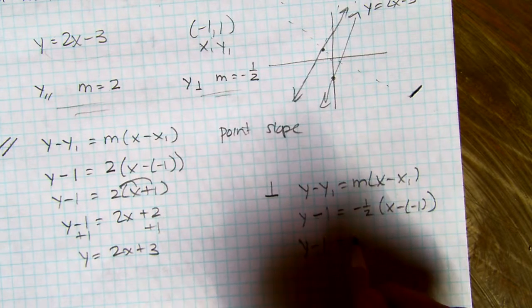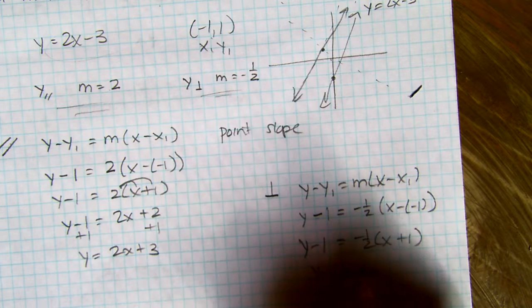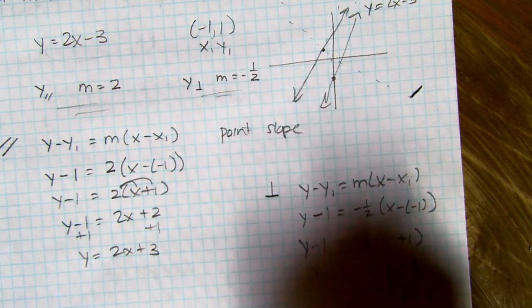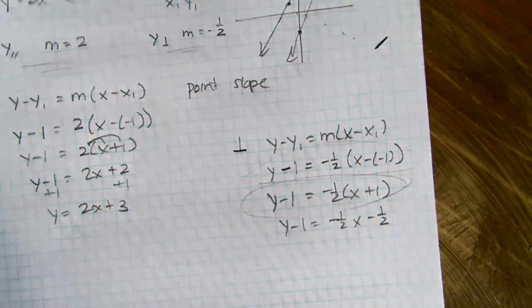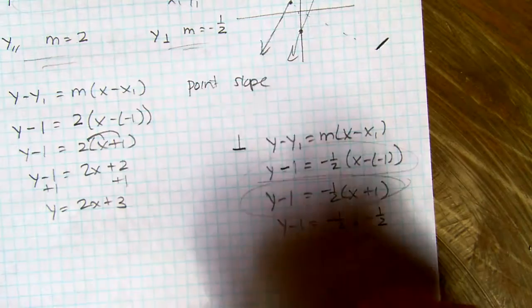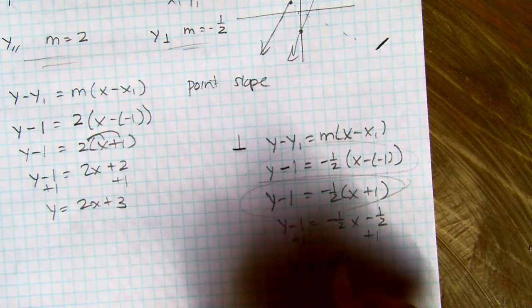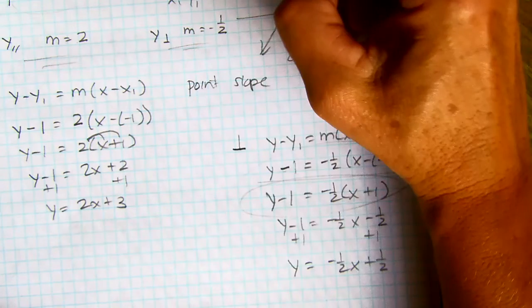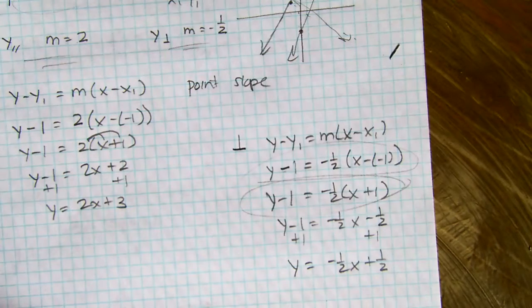So y minus 1 equals negative 1/2 times x plus 1. This is actually a more common form in terms of more sophisticated mathematics, so it's good to know it. I'm going to add 1 to both sides, and I'm going to get y equals negative 1/2 x plus 1/2. And sure, my drawing was a little crude, but that makes sense.